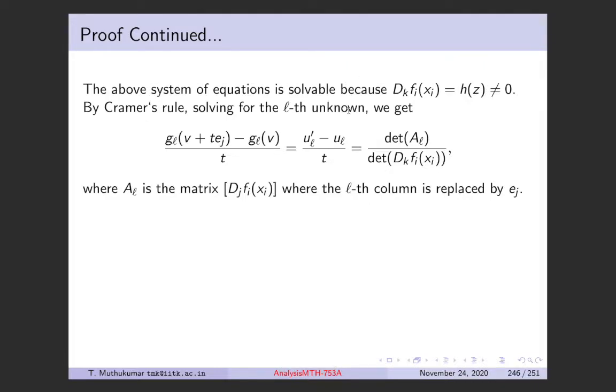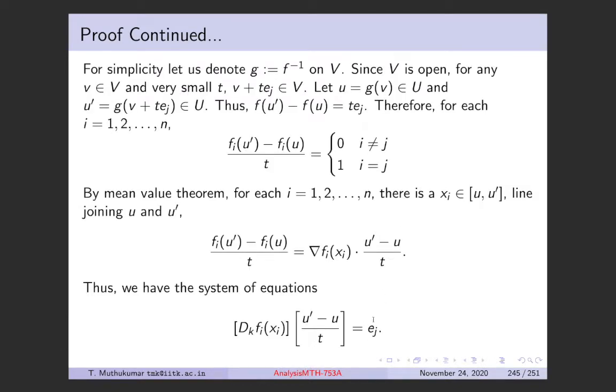You have a system of equations with n unknowns, so for the lth unknown, by Cramer's formula, you get that (u prime_l minus u_l) over t is equal to this, where A_l is the matrix D_j f at xi, where the lth column is replaced by e_j, the given term here.